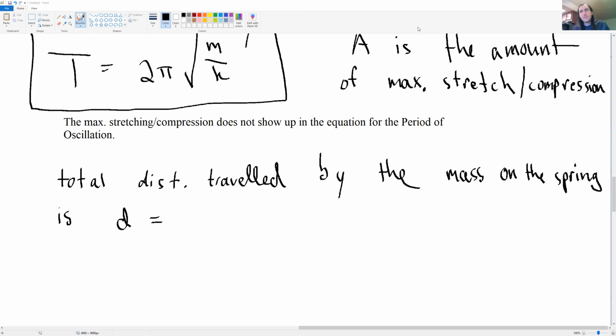What is the total distance traveled by the mass on the spring in one period, or one repetition?